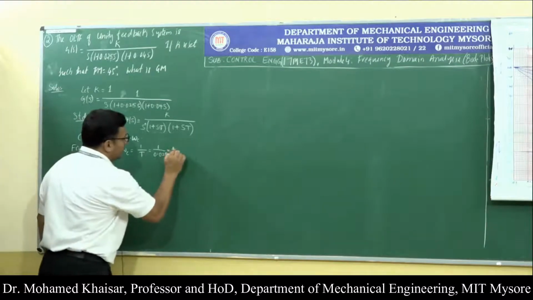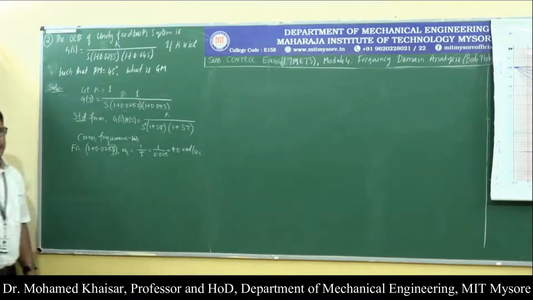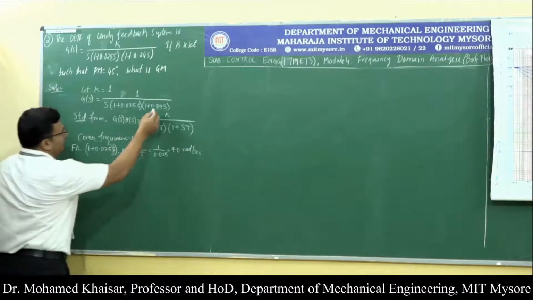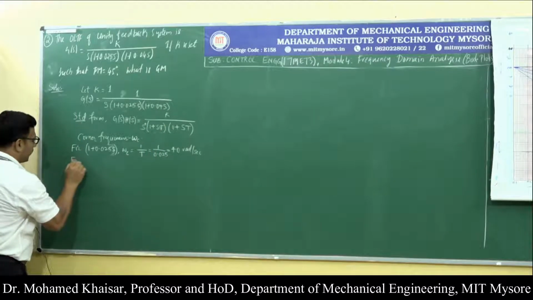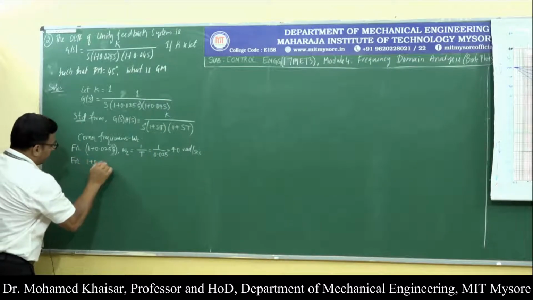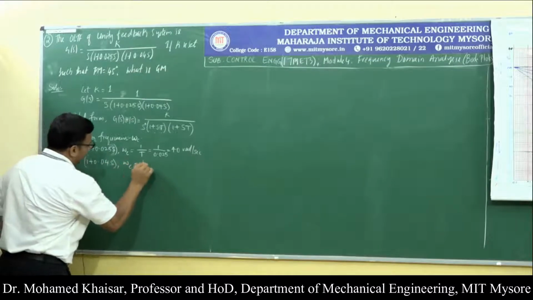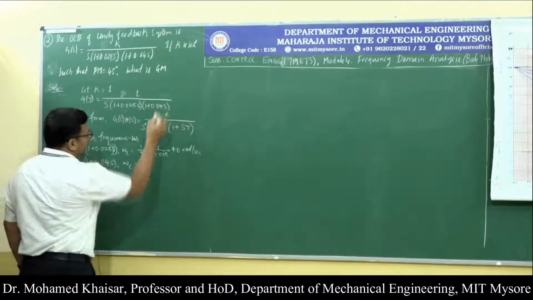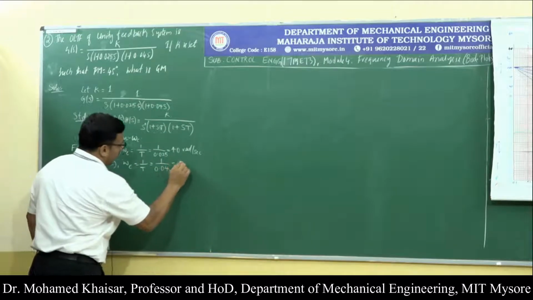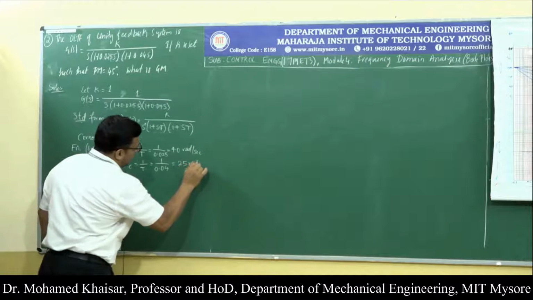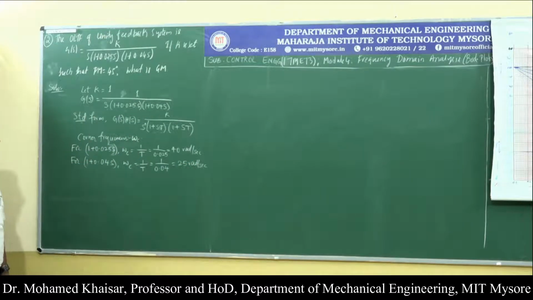It will come to about 40 radians per second. Then another factor is there, 1 plus 0.04 s. For this factor, omega c is equal to 1 by T, T is 0.04. So it will be 25 radians per second. These will be the 2 corner frequencies.